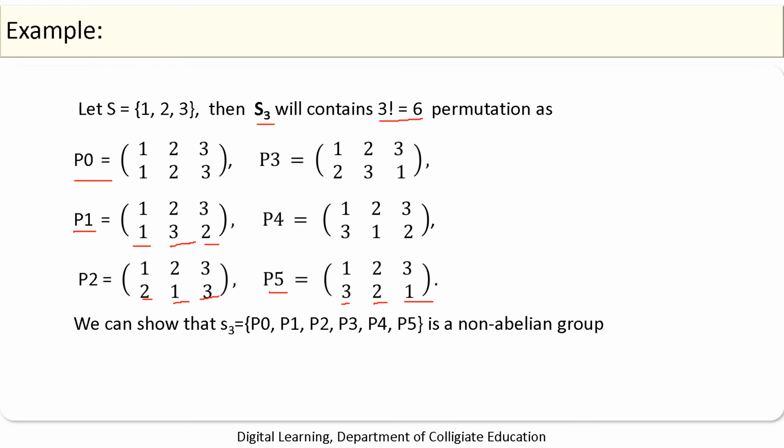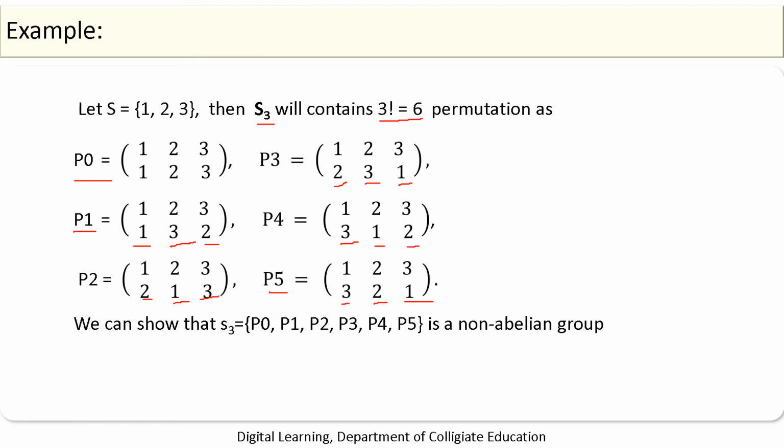And in P3 and P4, we have rotated the elements: 1 to 2, 2 to 3, 3 to 1. In P4, 1 is changed to 3, 2 to 1, 3 to 2.